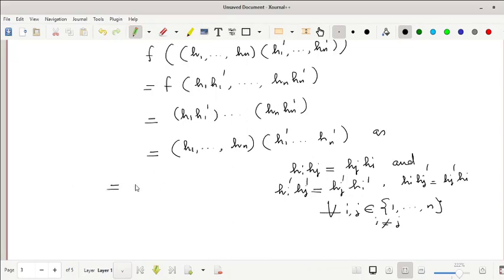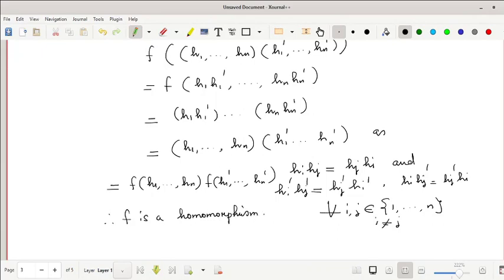So this is equal to f of the n-tuple (h1, h2, hn) into f of (h1 prime, h2 prime, hn prime). Therefore, f is a homomorphism.